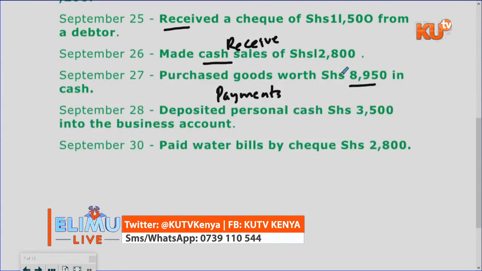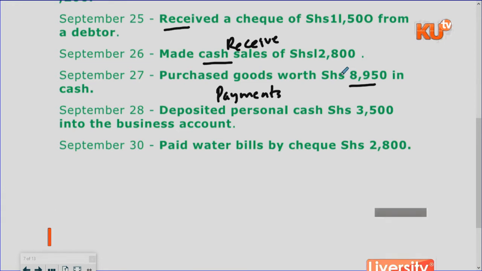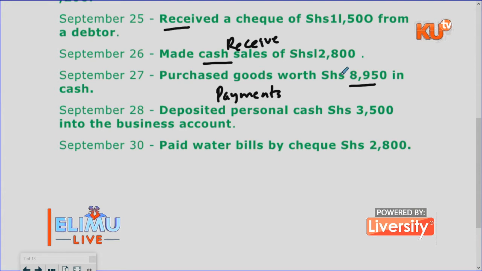Deposited personal cash 3,500 into the bank, into the business account. We are depositing personal cash, so the business is going to have an increase. And remember, if we are looking at it in terms of capital, this is what we call the additional investment, because you are taking resources from your personal resources into the business.